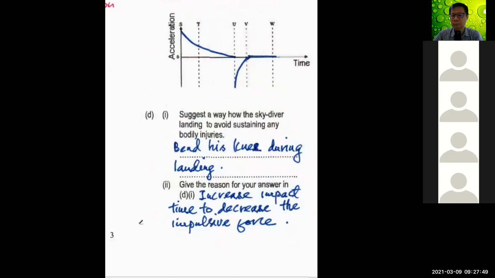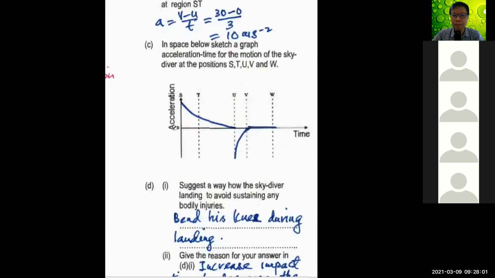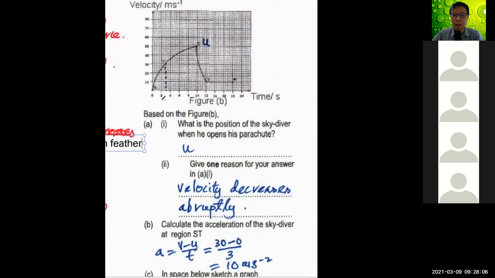Understand? Why is the acceleration-time graph drawn as a curve instead of a straight line? Because we are not sure whether the acceleration decreases constantly or not. So it's better to draw a curve.